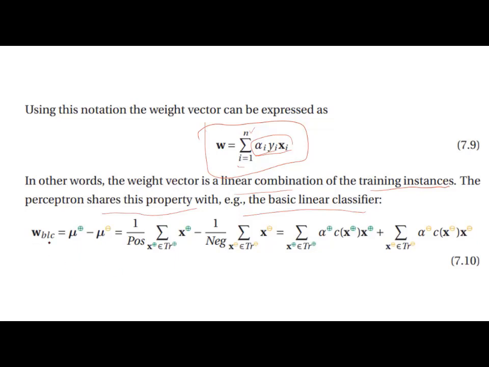So W of the basic linear classifier is equal to mu positive minus mu negative, and it can be written as 1 by the number of positives, sigma of x positives, minus 1 by the number of negatives, sigma of x negatives. That can also be written in this form, see, positives and negatives. This is called the basic linear classifier.